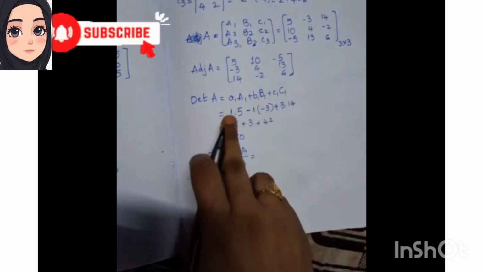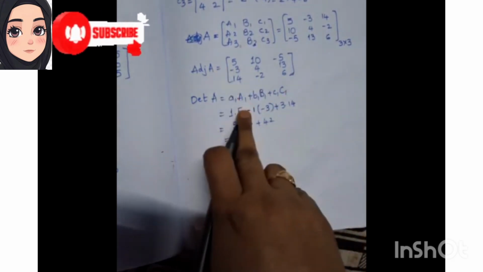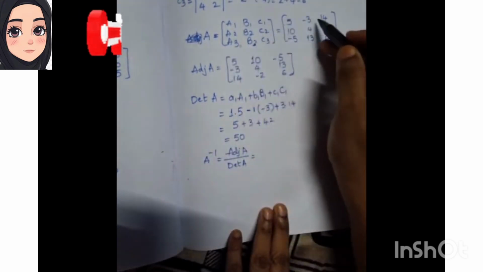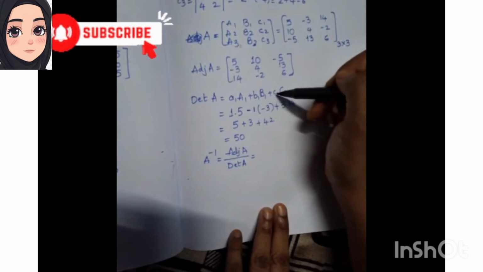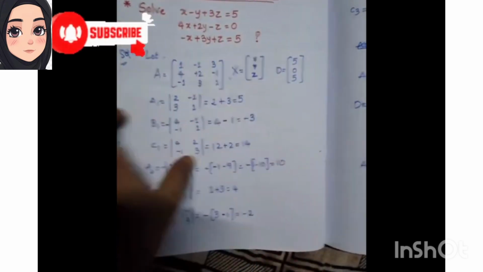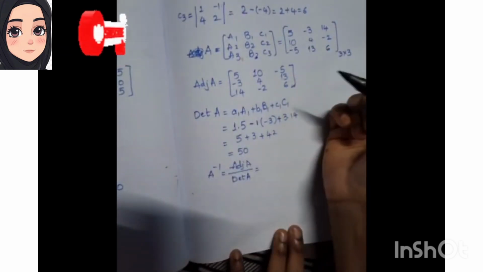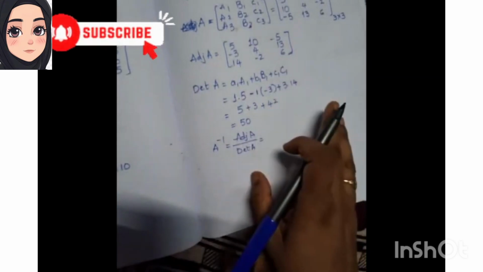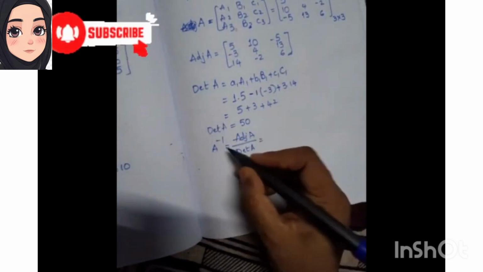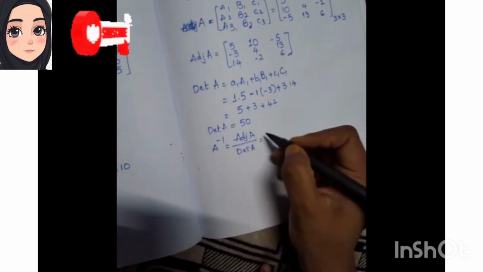We have to multiply the given matrix and the obtained matrix, that is determinant of A. Determinant is 50. Now we have to find A inverse, that is adjoint of A by determinant of A. Write down this matrix, and determinant of A is the denominator. So 1 by 50, and adjoint of A matrix: 5 10 minus 5, minus 3 4 13, 14 minus 2 6. Okay children, this is A inverse.